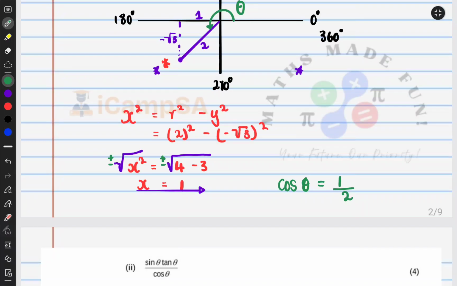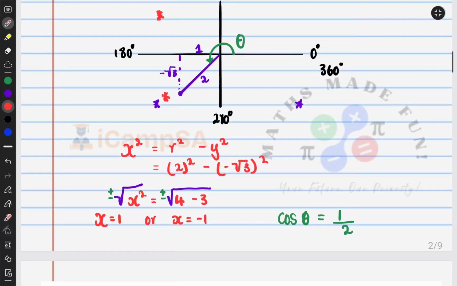So we're going to have two values of x: x is equal to 1, or x is equal to negative 1. And looking at our arm there, x is to the negative side, so the correct answer will be negative 1 and not the other one.